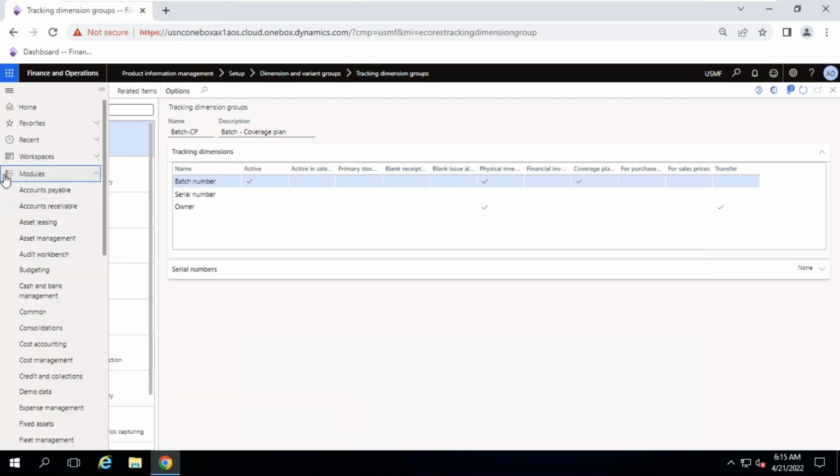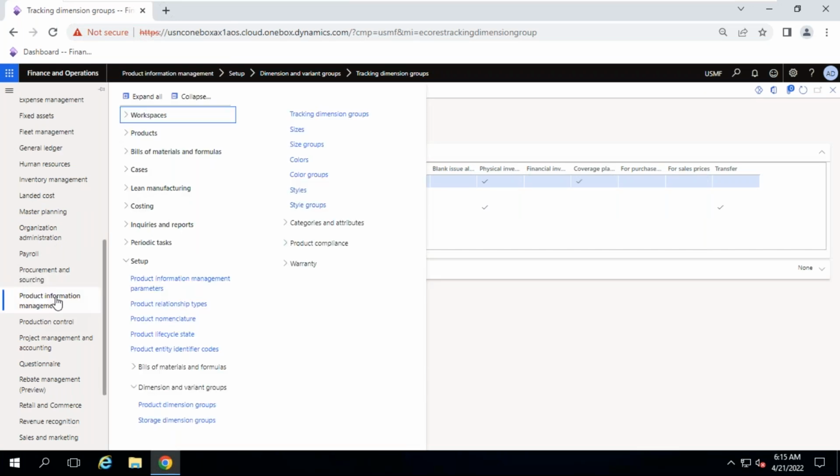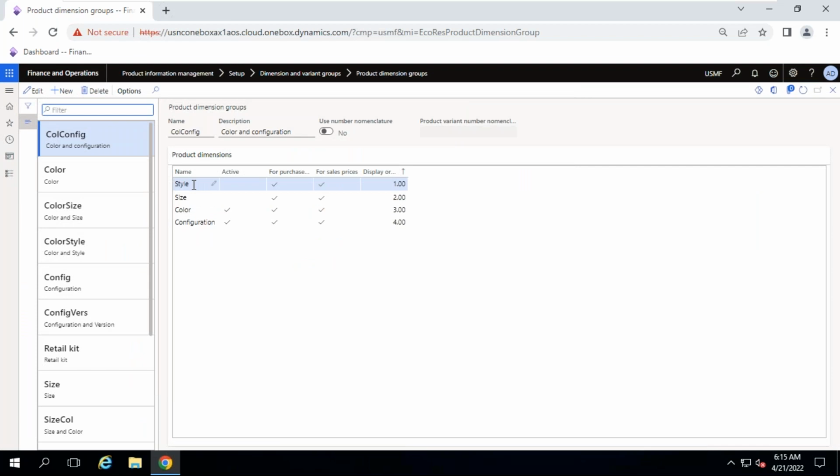Next, product information management, product dimension groups. Product dimension groups means size, style, color, configuration.